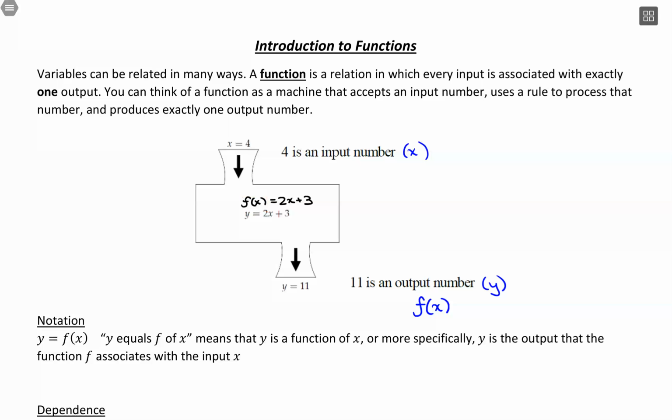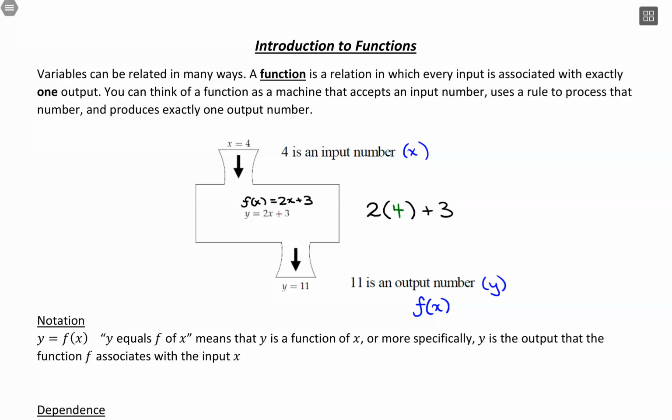And what it's doing is it's giving me a form for if I have this input x, how is x going to be treated? And that's where we see this 2x plus 3. Really, how this function is behaving is that it will take whatever the input is, multiply it by 2, and then add on 3. In this case, our input is 4, so that's where we get 8 plus 3 gives us an output of 11.